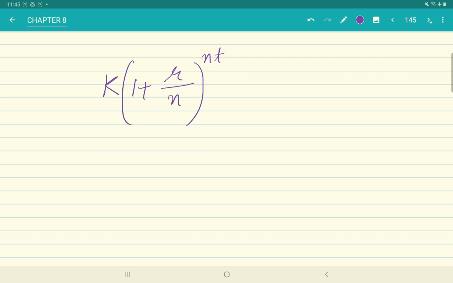That's not the case in reality. But we have to understand what will happen to this expression as n tends to infinity. If n tends to infinity, that means interest is being added every millisecond or nanosecond, and even less than that.